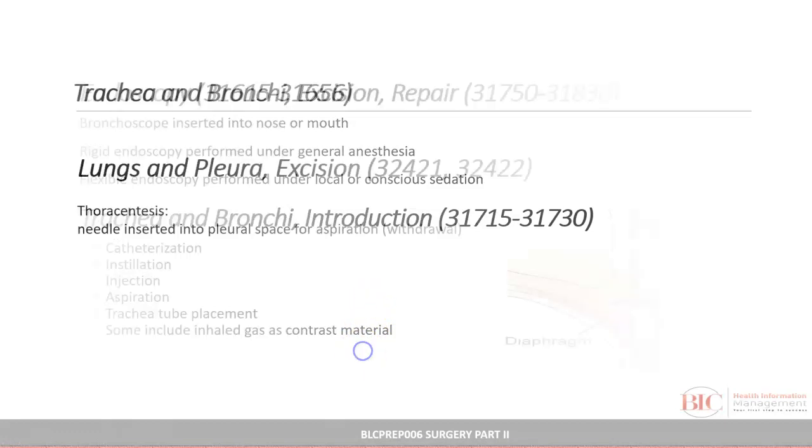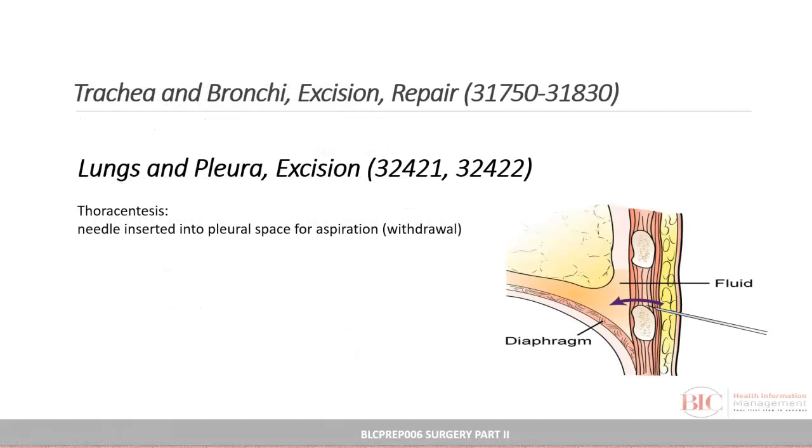So you would not code for that separately as well. So your excisions to the trachea or the bronchi, your range of codes for repair is going to be 31750 to 31830. Here you're going to find your tracheoplasties and your bronchioplasties.